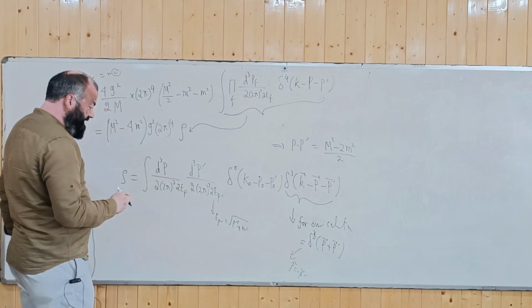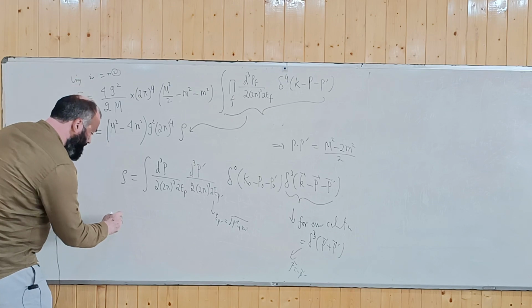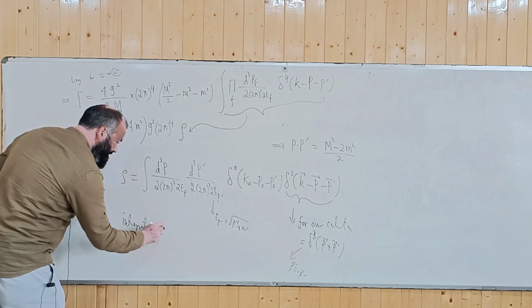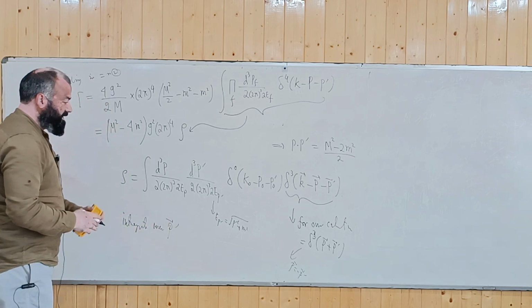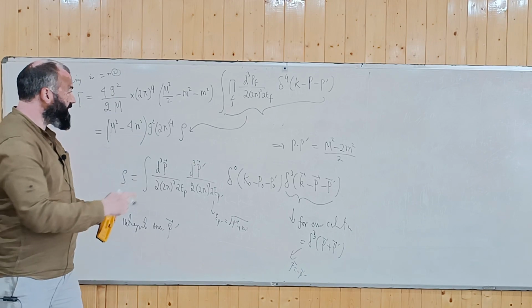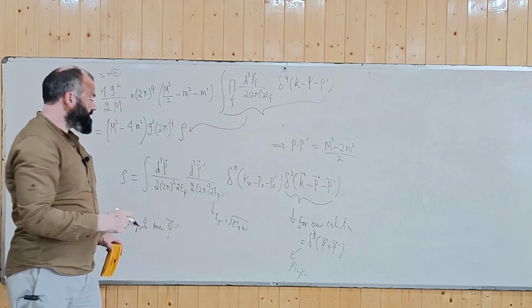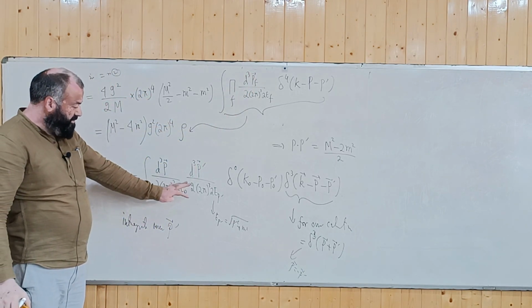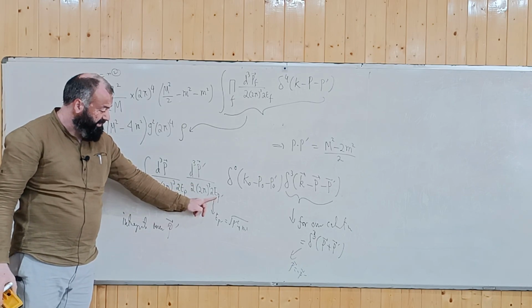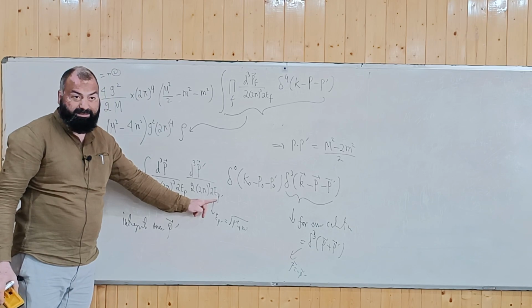Okay, so now let's integrate over p prime. You should put a vector here, although this is also a vector, it is a 3-momentum. When you integrate over p prime, this p prime will be replaced by minus p.